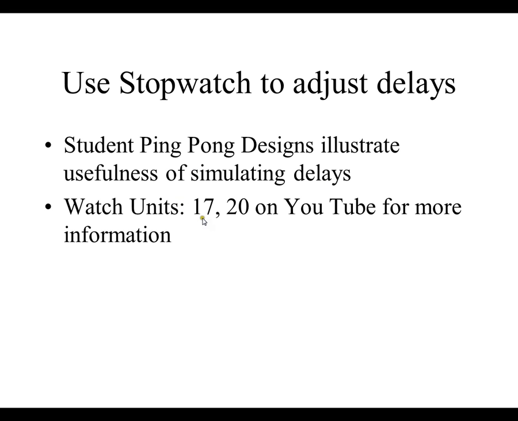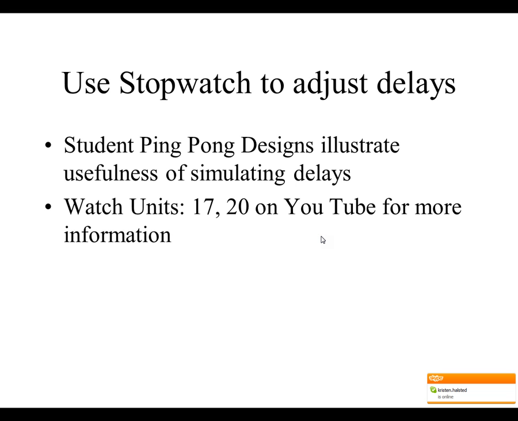I would recommend you watch units 17 and 20 on YouTube for more information. And you can just Google those YouTube videos. It's the same name that these videos have.